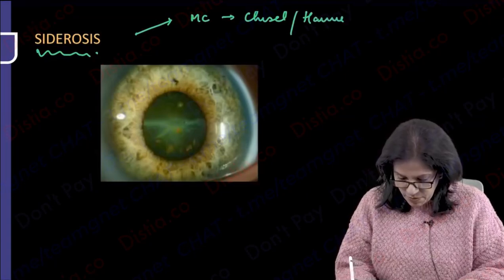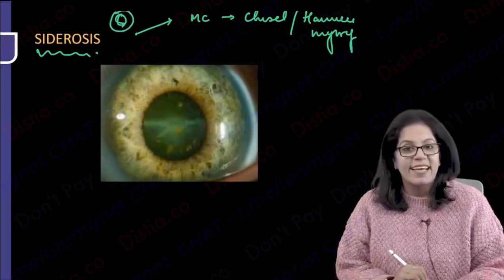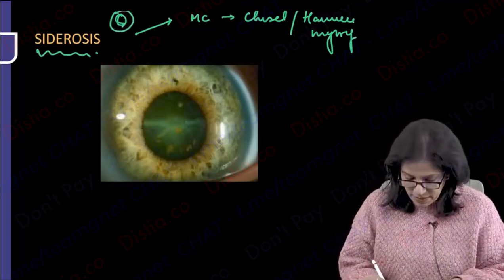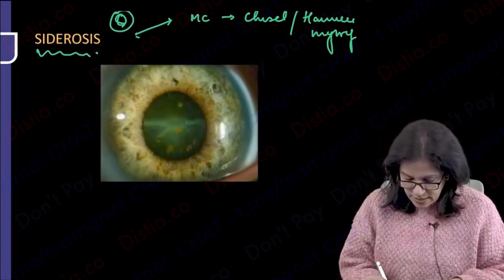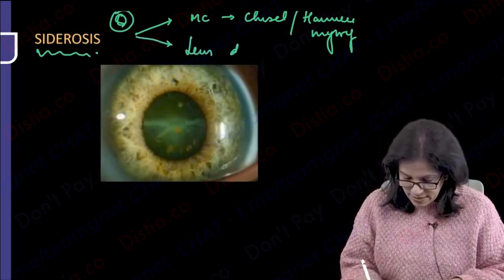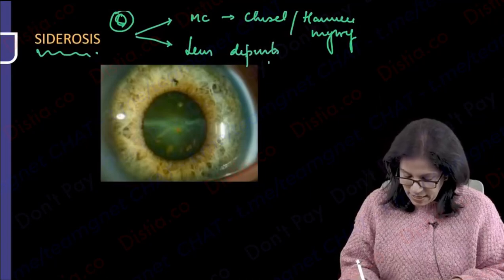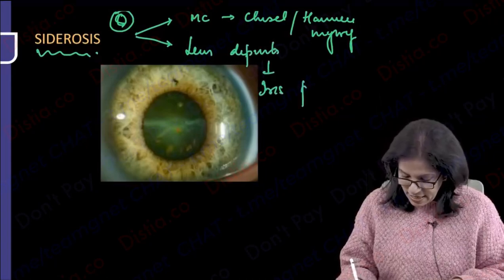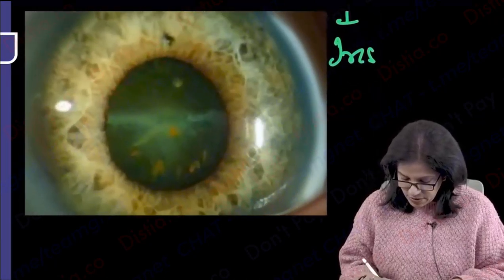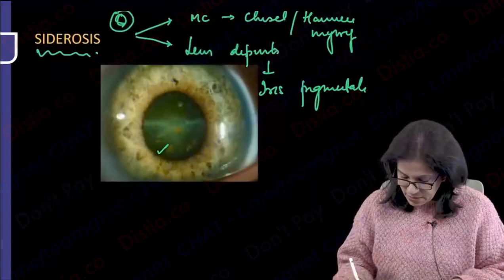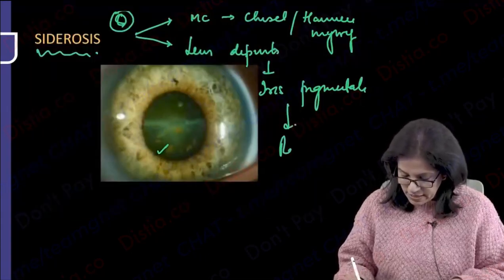That is question number one. Please note it down. Now, whenever there is siderosis, what happens? First is the lens deposits. Then there will be iris pigmentation, and after lens deposits and iris pigmentation, as you can see, there are lens deposits out here, there will be some retinal changes.